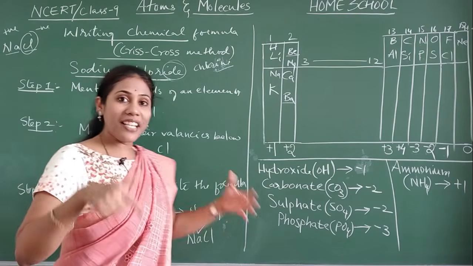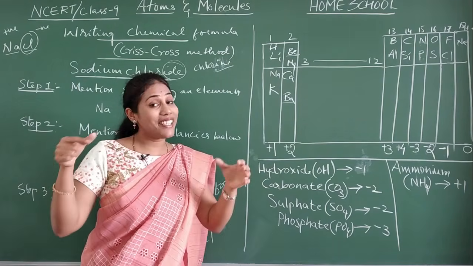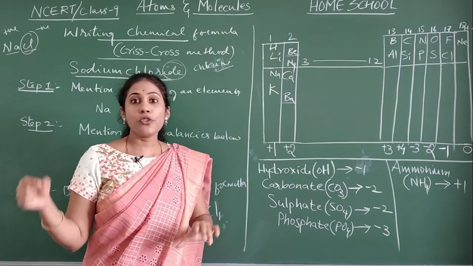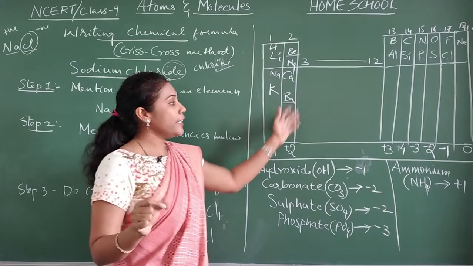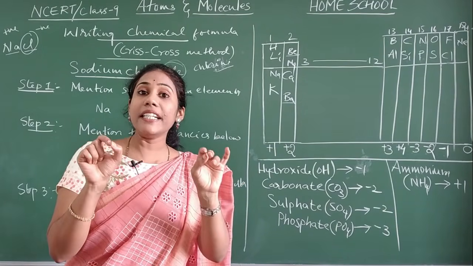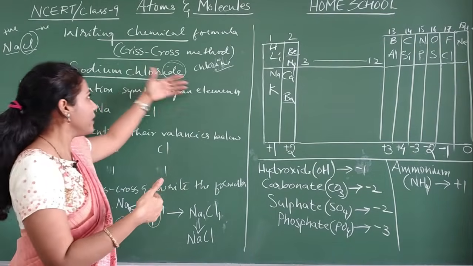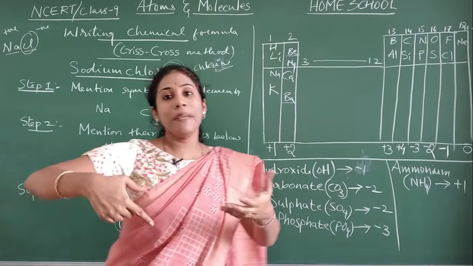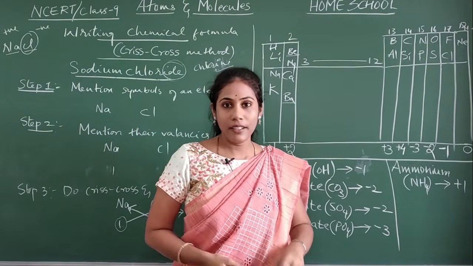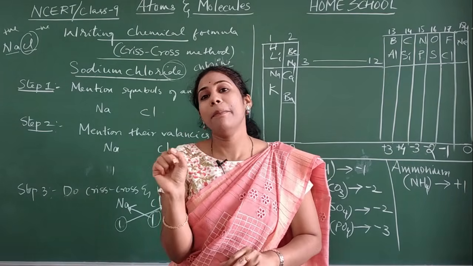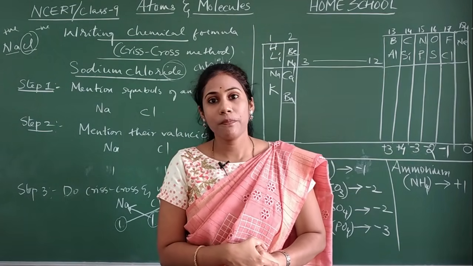Some scientists have framed rules for writing names also, and we have to follow them. According to the rule, the negative part's name should end with IDE whenever you write the name of a compound. The positive part's name remains as it is. Clear? This is one basic point. Try to remember about the names.